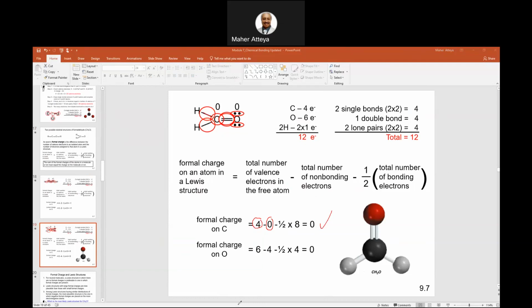That's correct. Let's do oxygen. We have 6 total. That's from the periodic table, group 6. Minus how many non-bonding? 2 sets, 4. Minus half of the bonding. We have 4, 2 sets of bonding here. So it will be 6 minus 4 minus 2 is 0. So whether you do it the calculation way or the short way, both are correct.